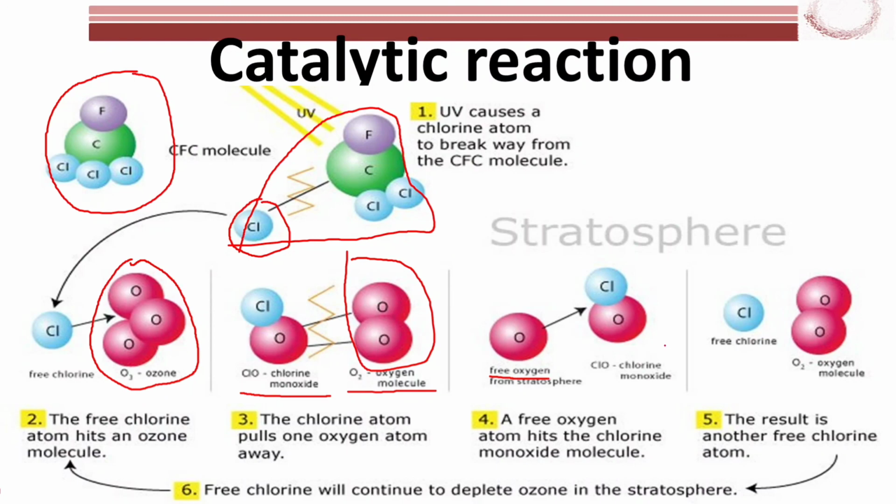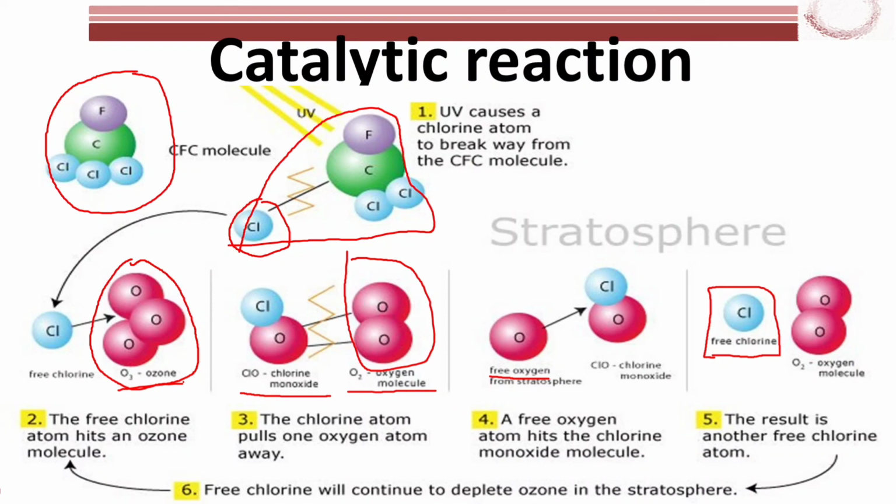So, kumbaga parang, uy, oxygen. O, tara, ban tayo. So, sila yung nagsama, nahiwalay si chlorine. So, free na si chlorine. So, anong gagawin ni chlorine? Hahanap uli siya ng ozone or O3 na sisirain. So, ganun yung cycle niya.